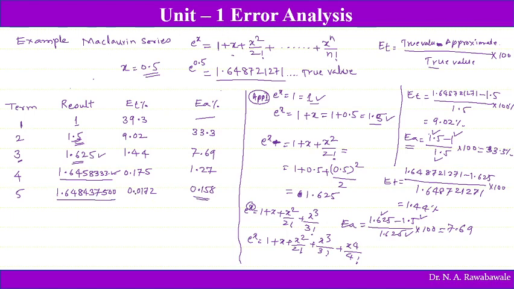But to find out the true error, always the true value is taken as 1.648721271.